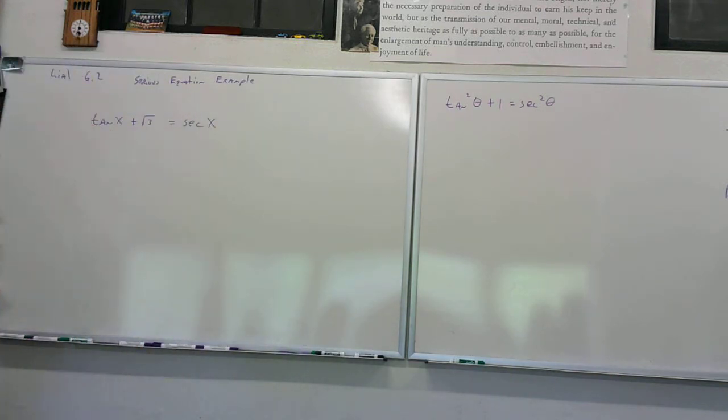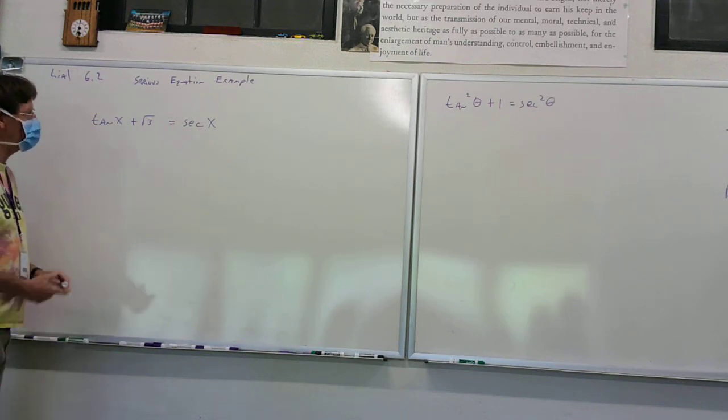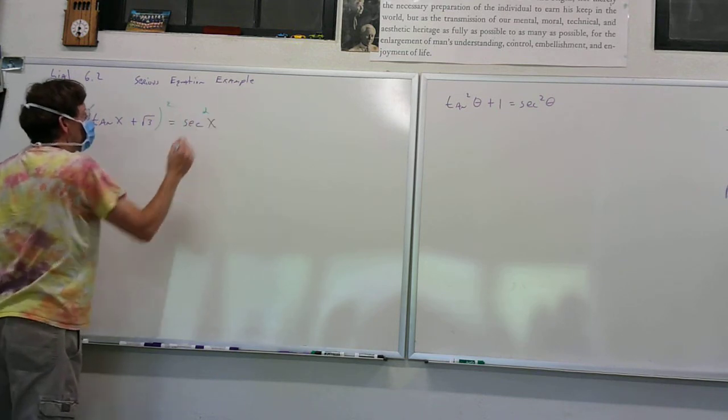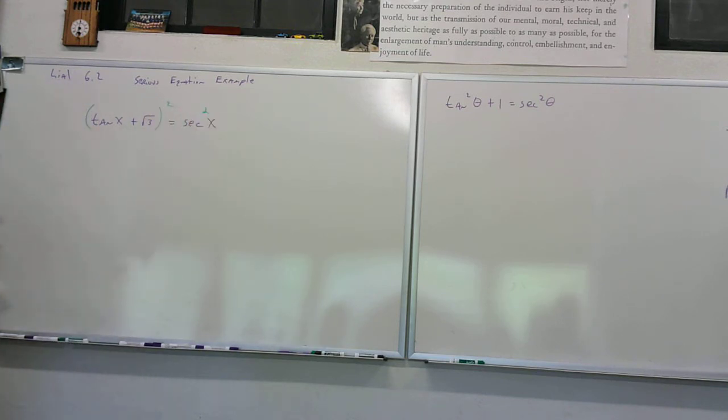Right there. And what our friend says you should do is square both sides of this equation. And the reason you want to square both sides is it will give you a chance to use that identity.